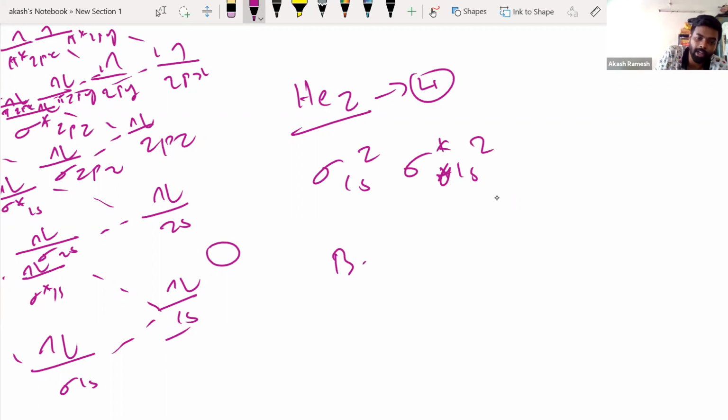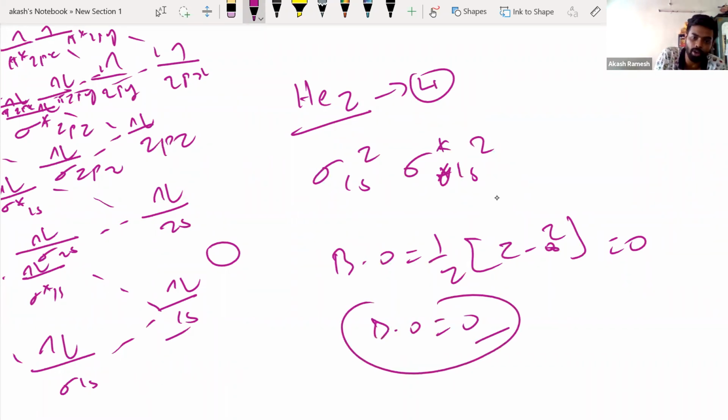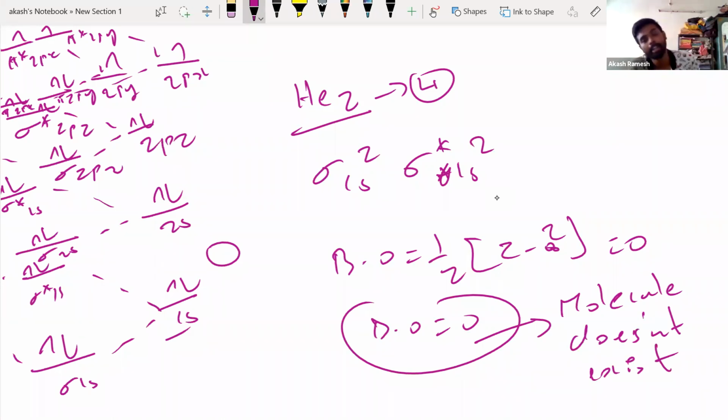Now when I calculate the bond order, it is half into 2 minus 2, which becomes 0. So when the bond order is equal to 0, that means the molecule doesn't exist.